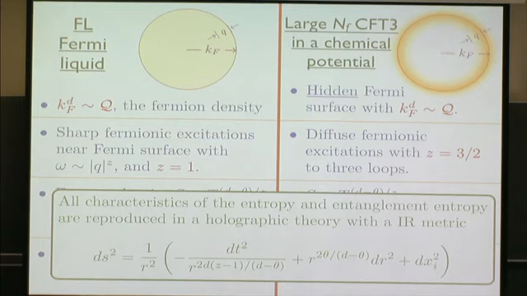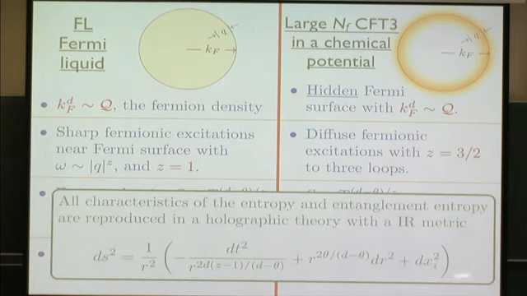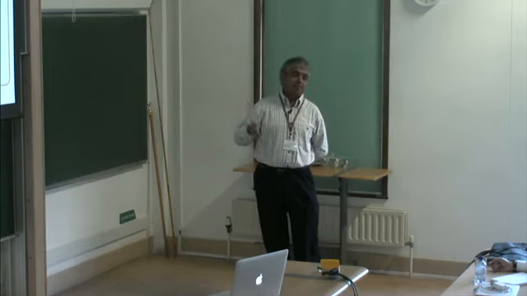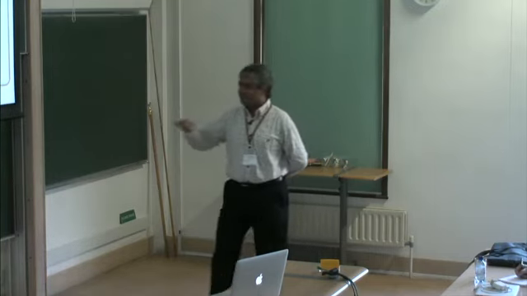The fine-tuning is bothersome, but it's not too bad because you have to tune one parameter, which is the value of theta. You pick theta to be d minus 1, and with this hyperscaling violating metric, you can reproduce all the basic properties of the entropy and the entanglement entropy. I should say this was work with Swingle and Hughes that I should have cited here.